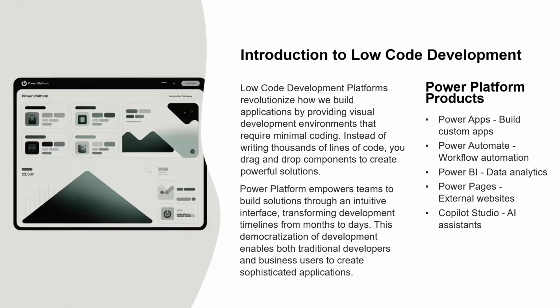This democratization of development enables both traditional developers and business users to create sophisticated applications. Now, there are different products for the Power Platform. You have Power Apps, which can build custom apps.